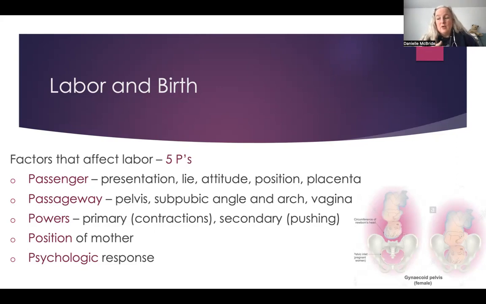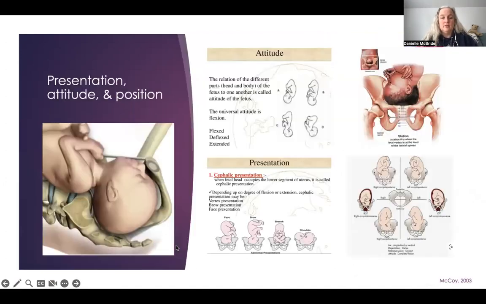That can contribute also, her cortisol and different things like that. So how's mom doing? The psychological response. The 5 Ps: passenger, passageway, power, position, and psychological response.